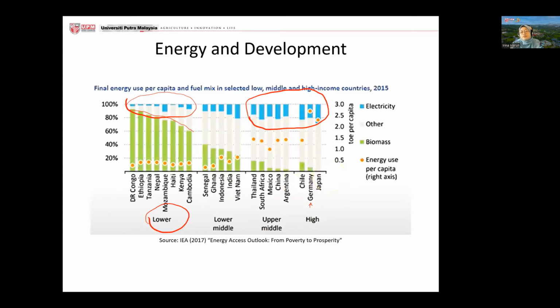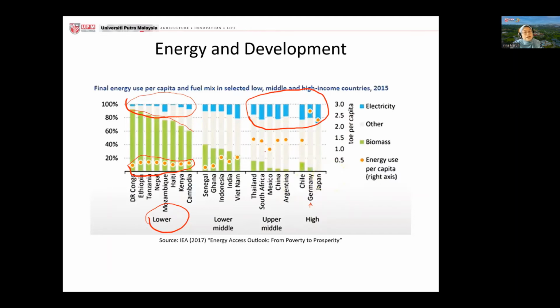And then if you see here, one more thing that I want to highlight: energy use per capita. Meaning that for the population, the amount of energy that is used. So if you see here, the low income countries have very low energy use per capita, and that makes sense because they don't have access to electricity.